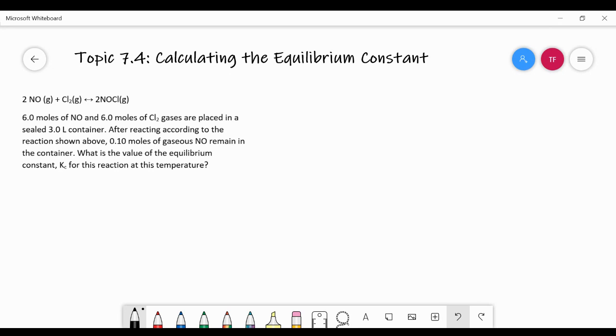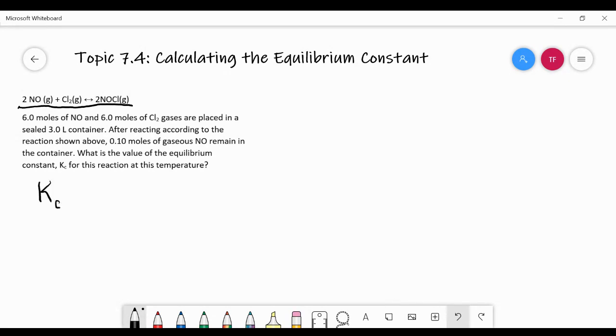So we are going to be practicing calculating an equilibrium constant with this problem that I've given you here on the screen, based on this reaction between nitrogen monoxide and chlorine. Let's just write down what the equilibrium expression for this particular reaction is going to be.